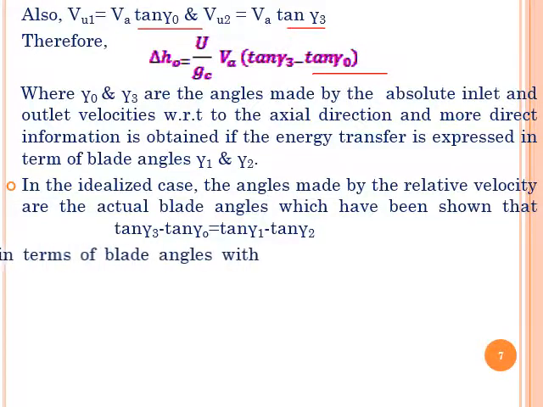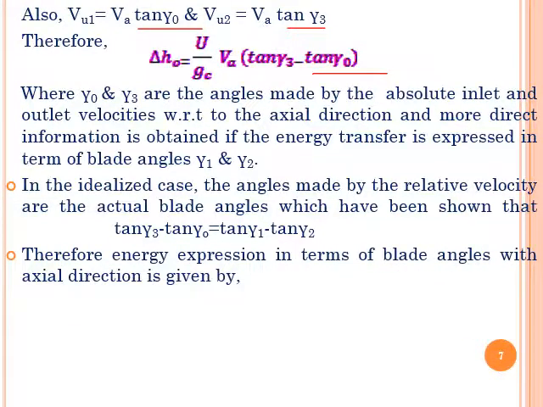So according to these relations, the energy expression in terms of blade angles with axial direction is given by, that is the total enthalpy change or energy transfer E is equal to U by Gc V of A into tan gamma 1 minus tan gamma 2.